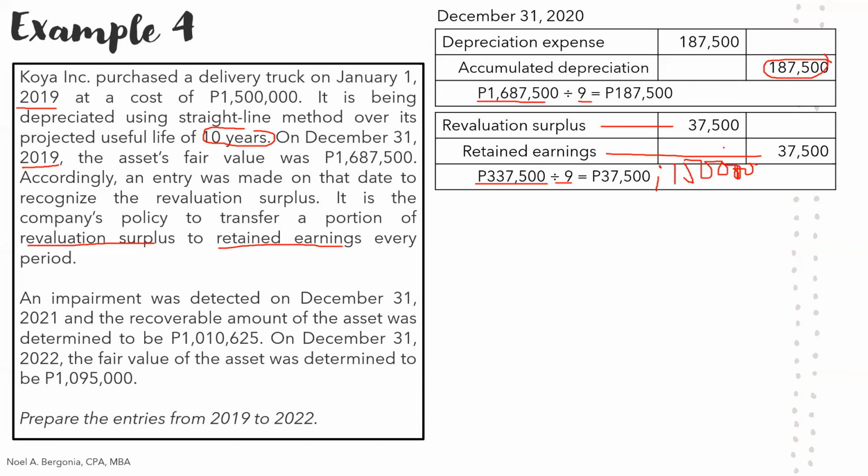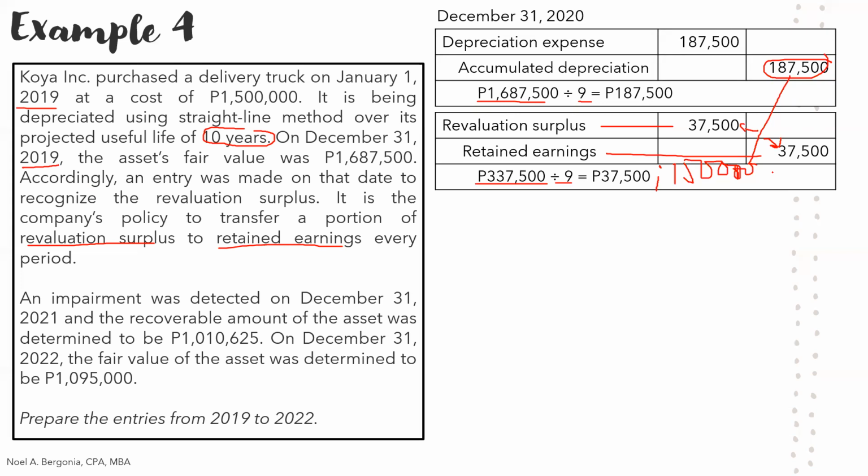So pag dinidak natin 'yun, that's the transferred amount from the revaluation to retained earnings, which is also amounting to 37,500. You can refer back to our video lecture about measurement kung nalimutan niyo 'yun na binanggit ko. It was on one of the slides, no, with regards to the transfer of revaluation to retained earnings. Okay? So I hope that that is clear, ha?